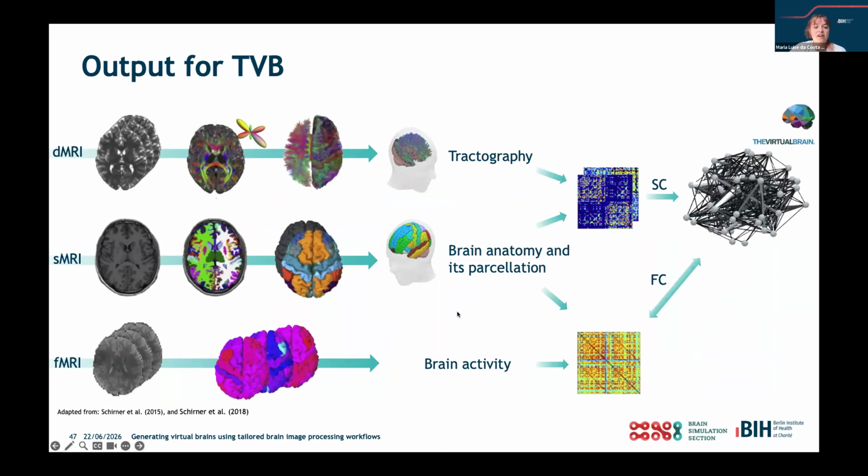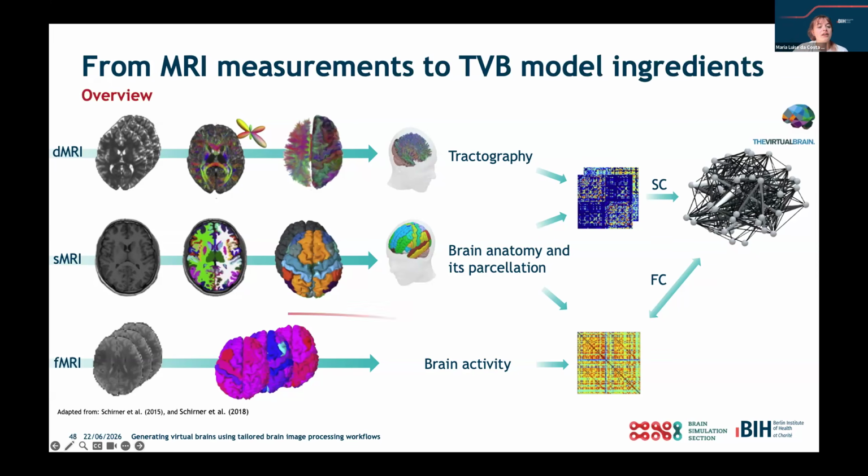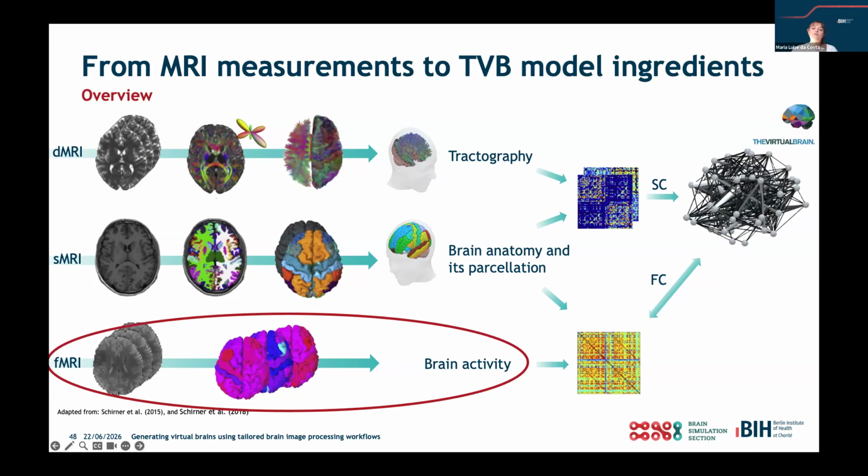Basically, we now have a map of which voxels of our fMRI data will belong to which parcel of our brain, which afterwards we group into one single node in our network model. This said, we can now go further to the functional MRI processing pipeline that David will talk about.